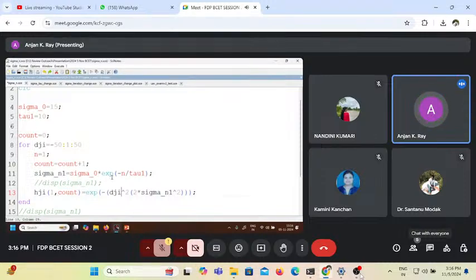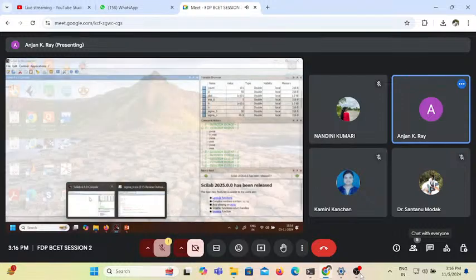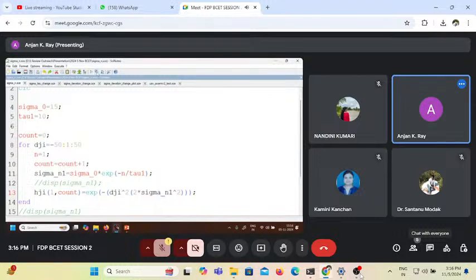In this case, we are not changing the width. Why is it not changing? Because we are considering the same sample, n equal to 1, so we keep it the same. So at the same sample, the width remains the same, but as the distance changes, we'll see the effect. So we'll run it.